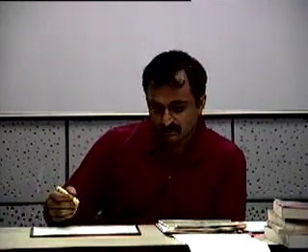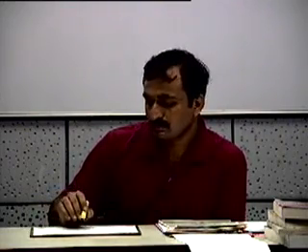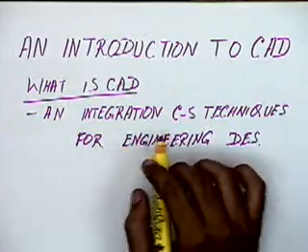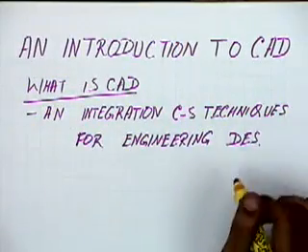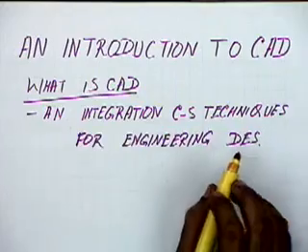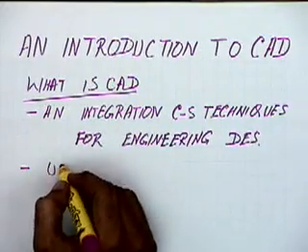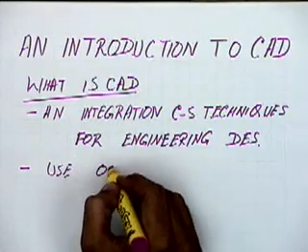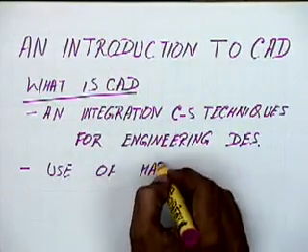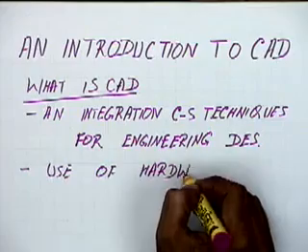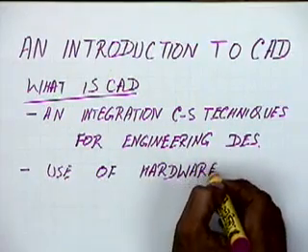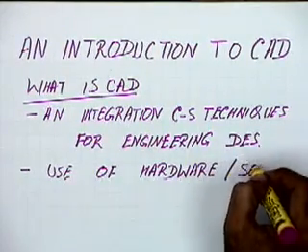We will see what the different activities are, or what the different computer science techniques are, which have been used in the design domain. This use would include both hardware as well as software.